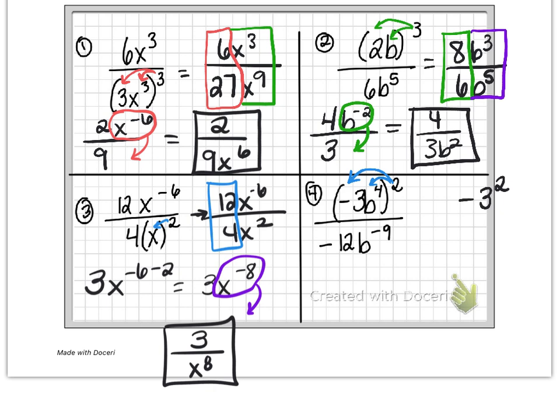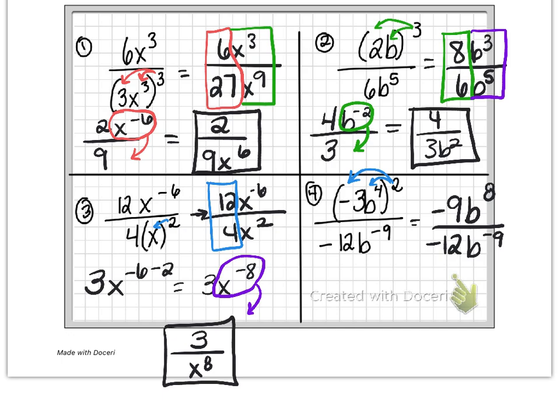You only square the 3 and you put the negative on the outside. So 3 squared is 9, and that negative is on the outside. So we end up with negative 9 b to the 8th, right? Because 4 times 2 is 8. And on the bottom, we have negative 12 b to the negative 9th.